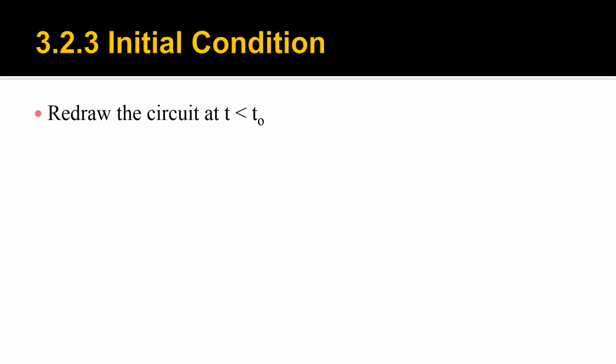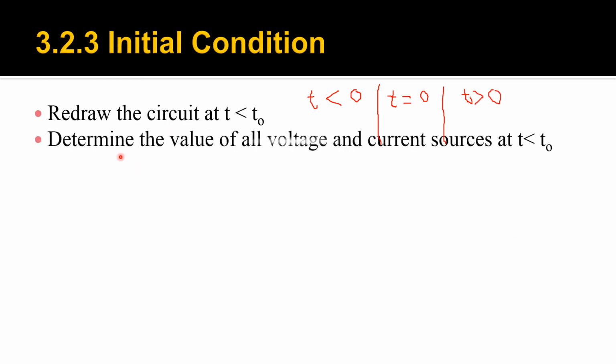Remember that in chapter 2, we need to consider 3 timelines: at t less than 0, at t equals 0, and also at t greater than 0. So it's the same condition over here.